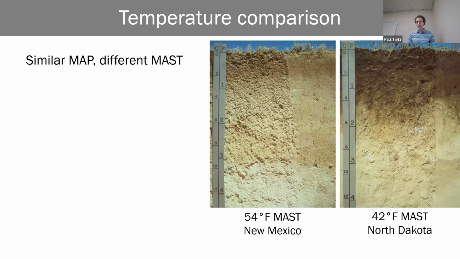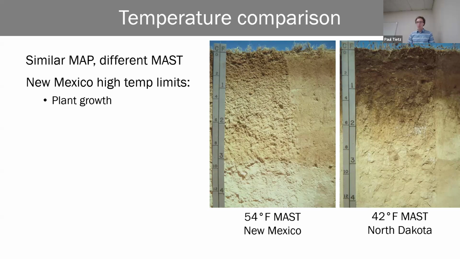What do we see here? I mean, it's a lot deeper A horizon. There's a lot more topsoil in North Dakota than New Mexico, or more carbon rich at least. So we can say that in New Mexico, with really hot temperatures, it's going to be limited on the amount of plant growth, the accumulation of organic matter. This A horizon depth is the clear evidence of that.